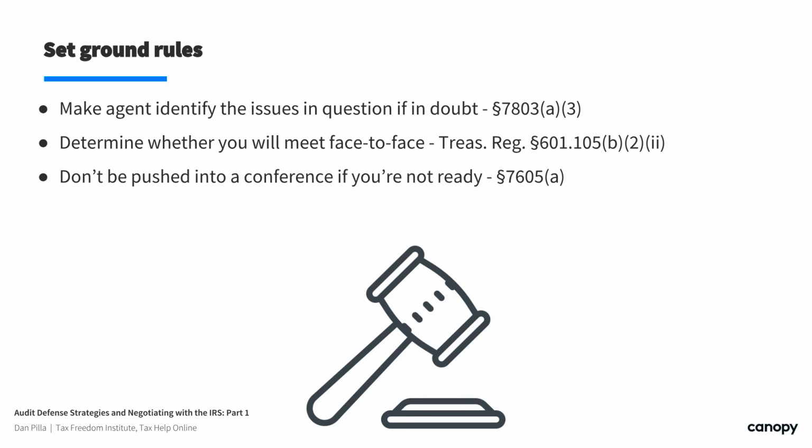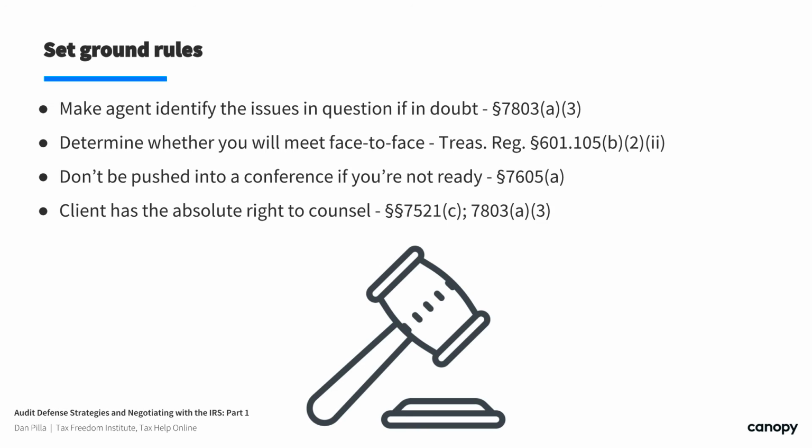The other thing is the client has an absolute right to counsel, and this is very important. This finds itself in two particular places in the Internal Revenue Code, not the least of which is the Taxpayer Bill of Rights, which is in Section 7803, and that says that the client has the absolute right to counsel. And this is important when the IRS is pushing for a face-to-face examination and a face-to-face discussion, a personal one-on-one discussion with the client.